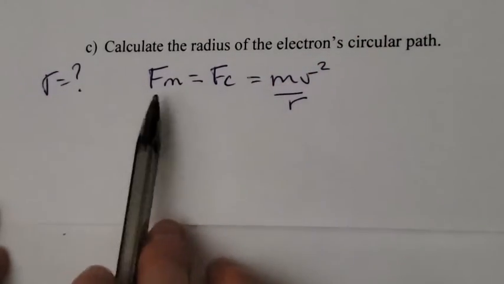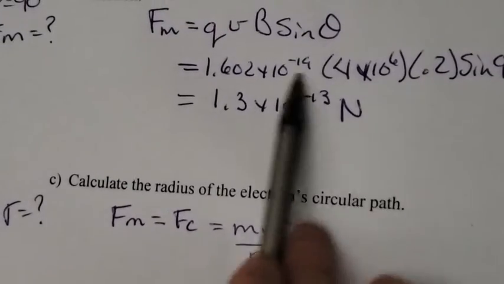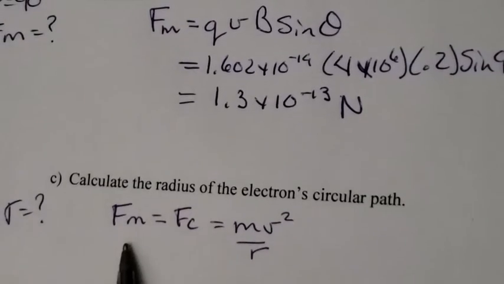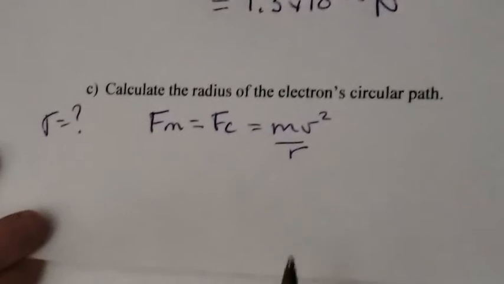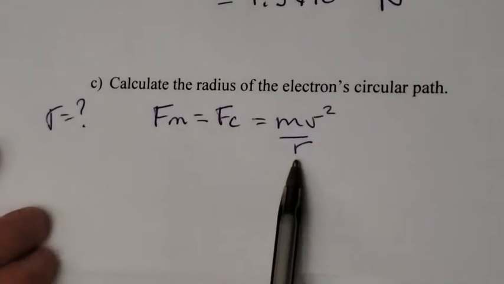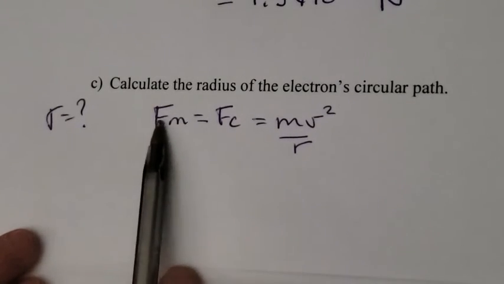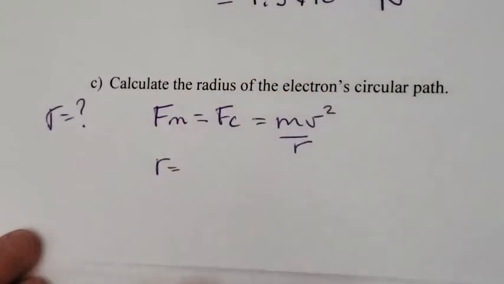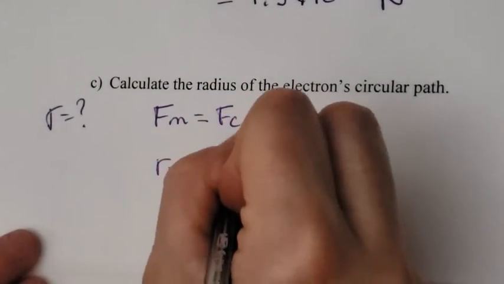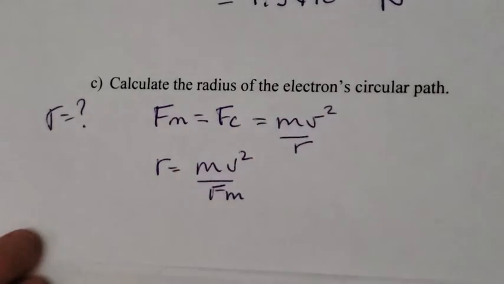So if I take my magnetic force that I calculated in B part, put it over here, then all I have to do is solve for r. So r is in the denominator, that's always a problem, so I need to bring it up to the numerator, and then I'm going to bring the force down here. So they kind of switch spots. So we have r is equal to mv squared divided by Fm.